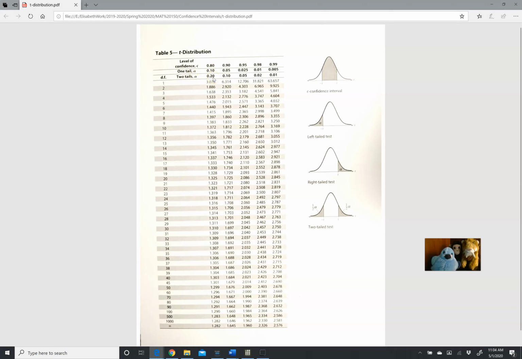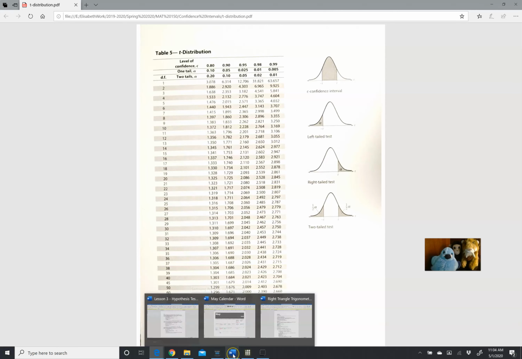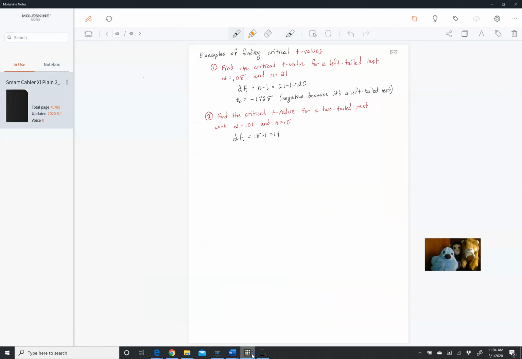Our alpha is 0.01, so the column we're using is the last one. 0.01 over here corresponds to the two tails. Then we go down to degree of freedom 14, and we get 2.977. So we have two critical t values, 2.977.